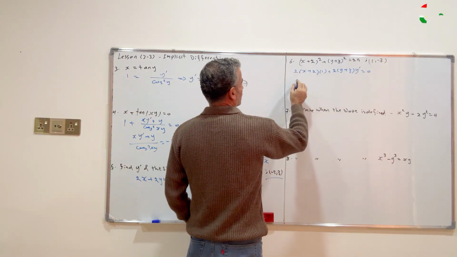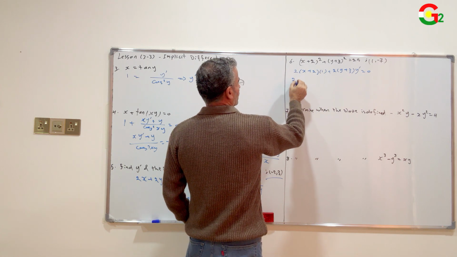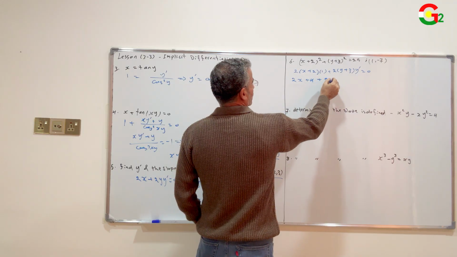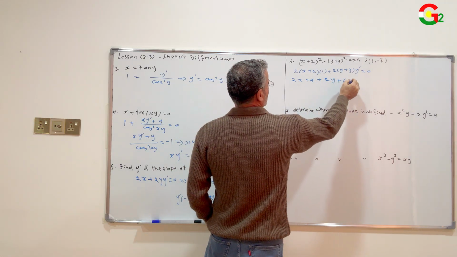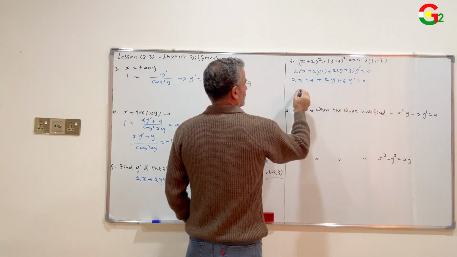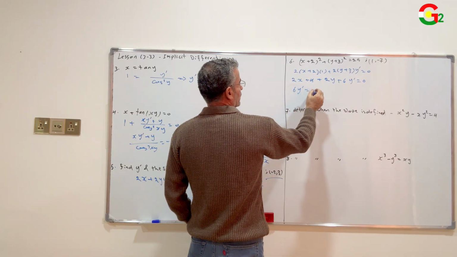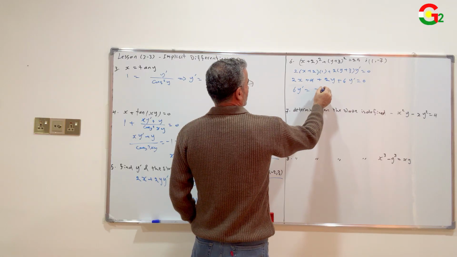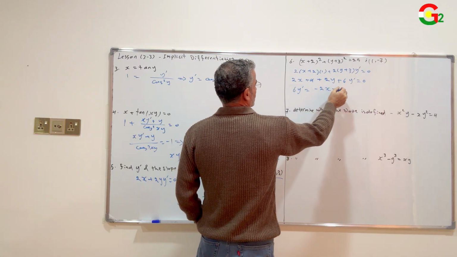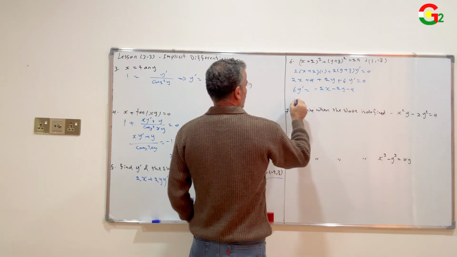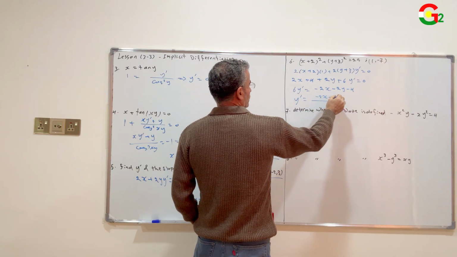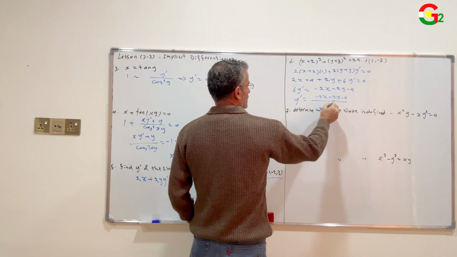Then open these two brackets: 2x plus 4 plus 2y plus 6 y prime equals 0. Then 6y prime equal to negative 2x minus 2y minus 4. y prime equal to negative 2x minus 2y minus 4 over 6.